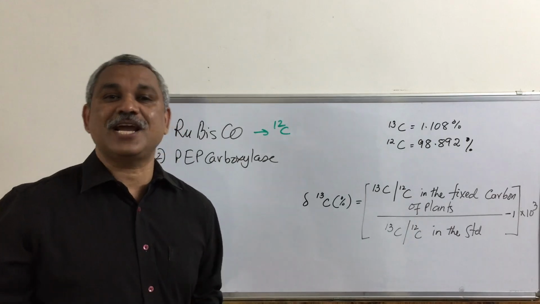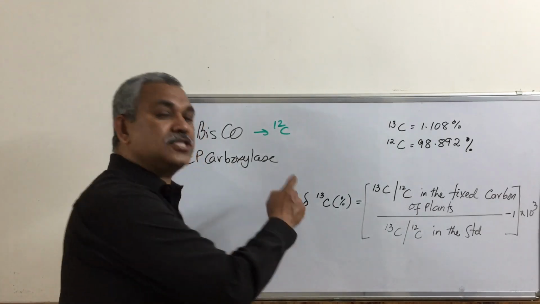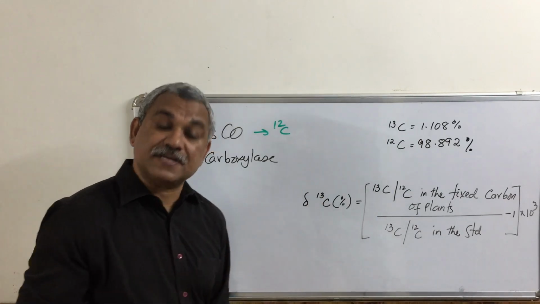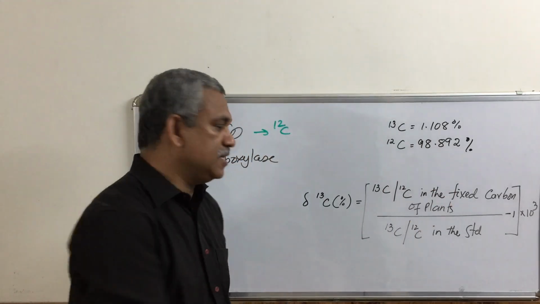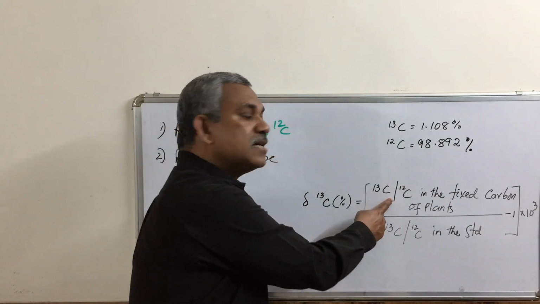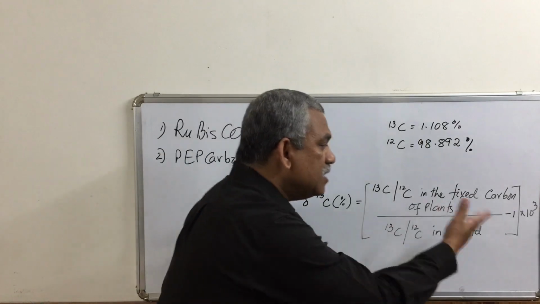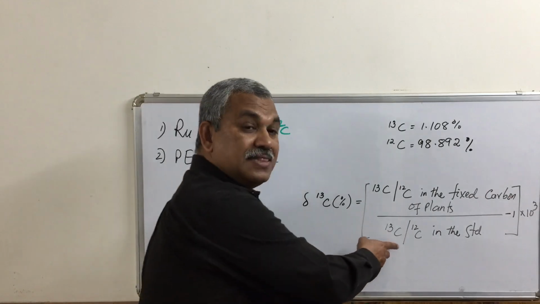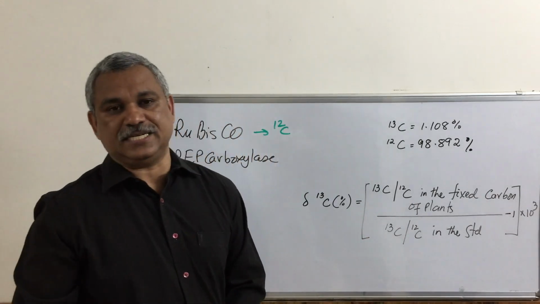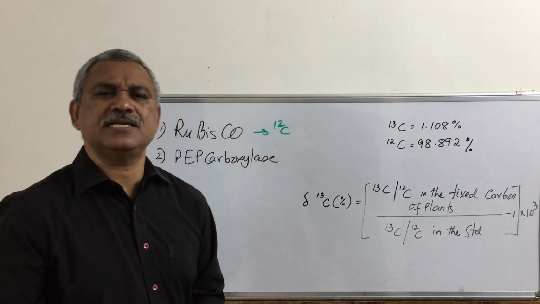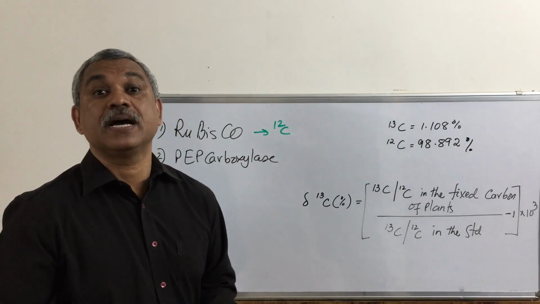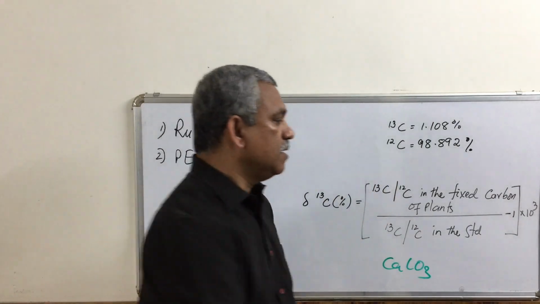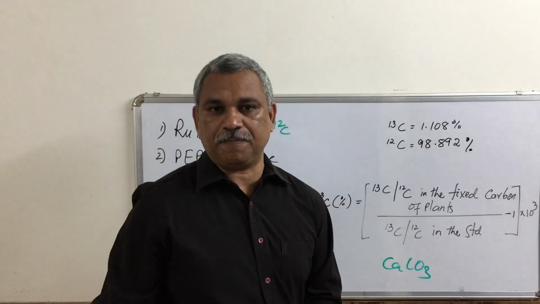That ratio is denoted by delta C13 percentage, which can be calculated in this manner: the ratio of C13 to C12 in the fixed carbon of a plant divided by that particular ratio in the standard, minus 1, multiplied by 10 raised to the power 3.